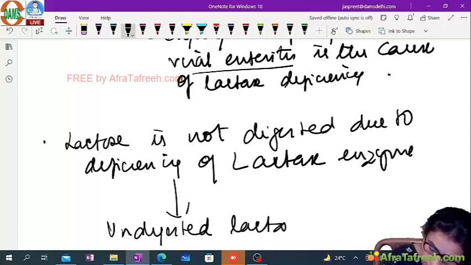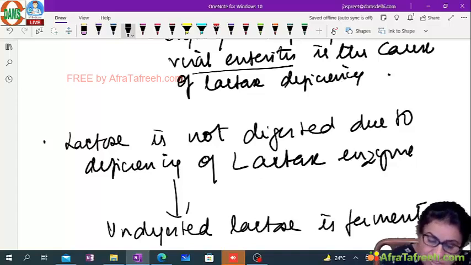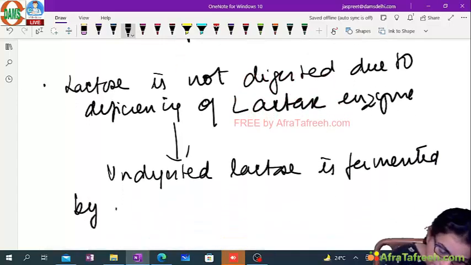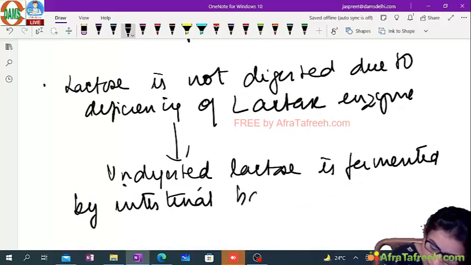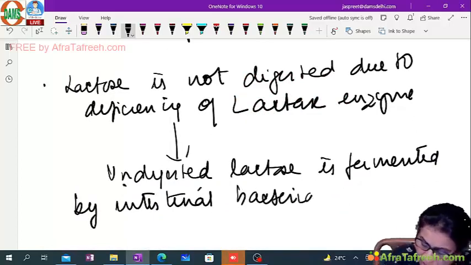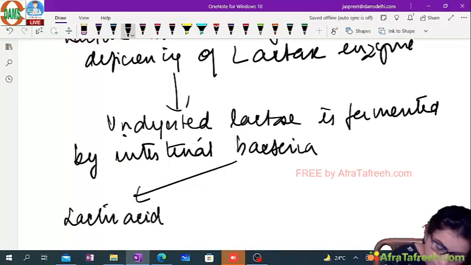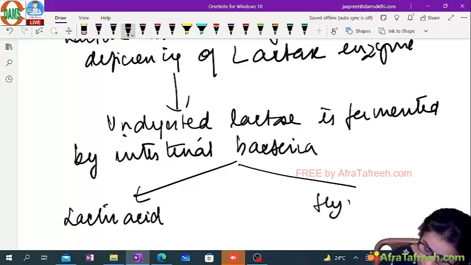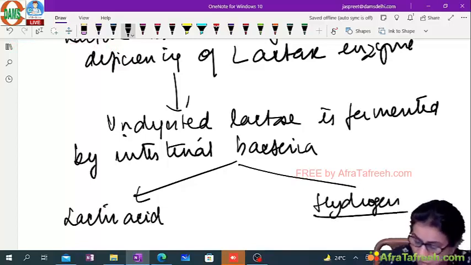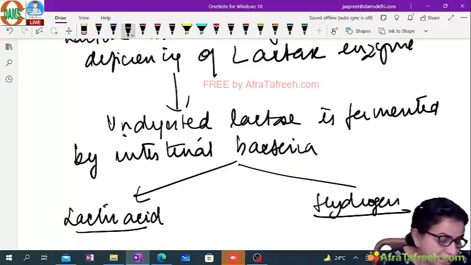Undigested lactose is fermented by intestinal bacteria. This will generate lactic acid and hydrogen. Lactic acid and hydrogen will be produced.